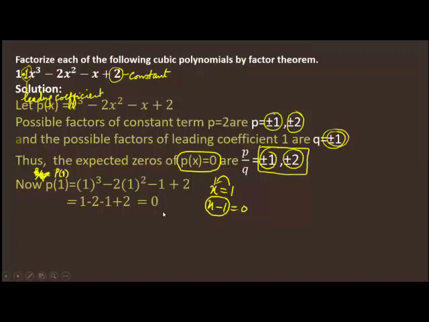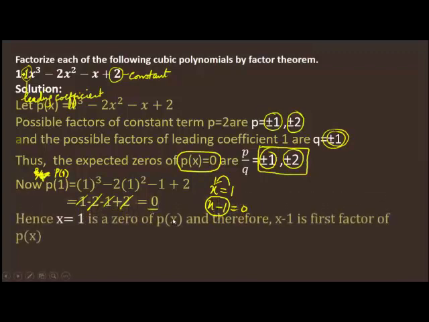So plus 1 minus 1 cancel, minus 2 plus 2 cancel, which is equal to 0. So x equal to 1 is a zero of the polynomial p of x. Therefore x minus 1 is the first factor of p of x.